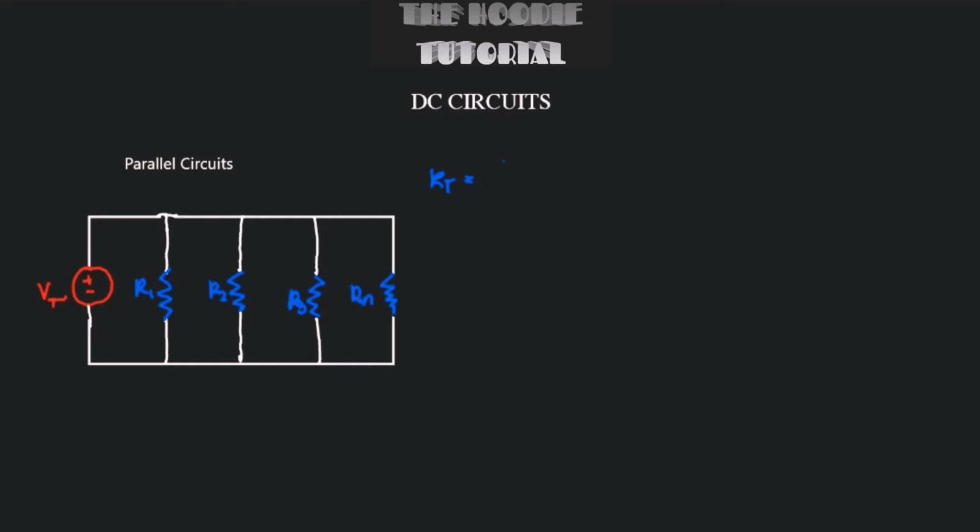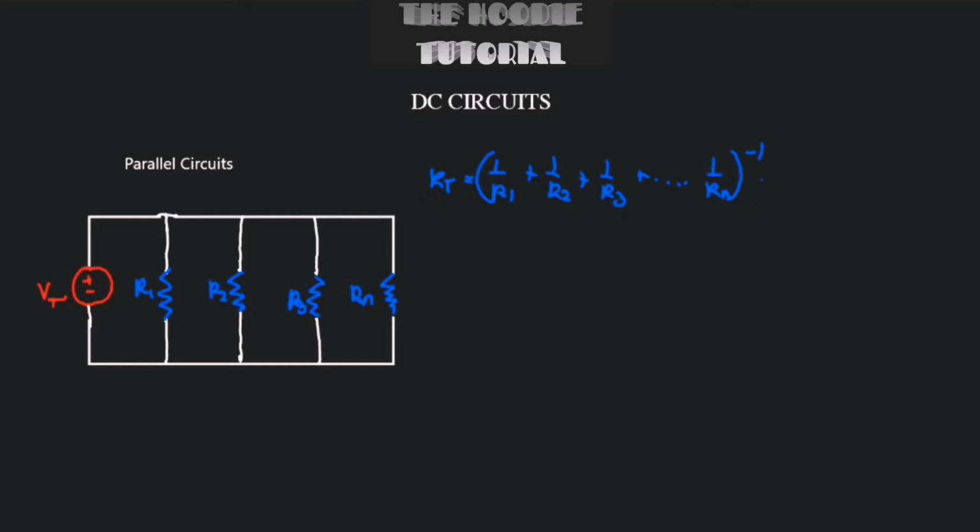Instead, we will add their reciprocals. That's 1 over R1 plus 1 over R2 plus 1 over R3, and so on and so forth, plus 1 over Rn, and then we raise all that to the power of -1. By using this formula, we will find the total resistance of this parallel circuit.